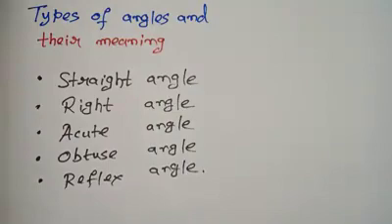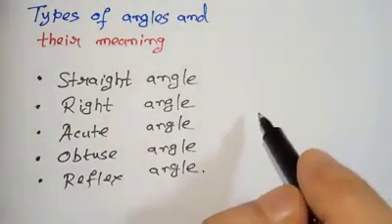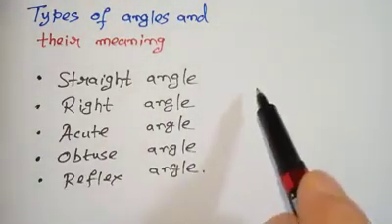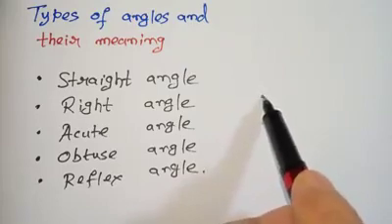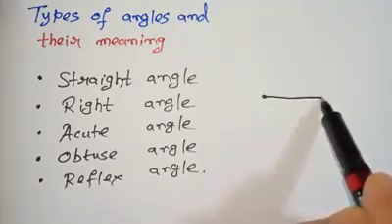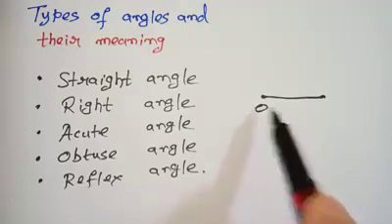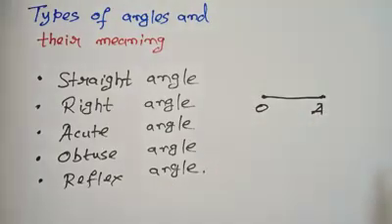But right at this moment, let us consider a straight line. If we draw it in this way, let me name it as OA. Well, this is a straight line.